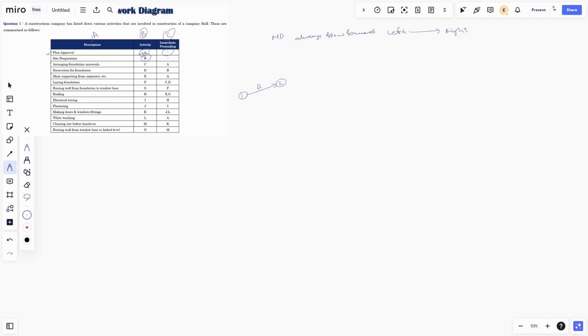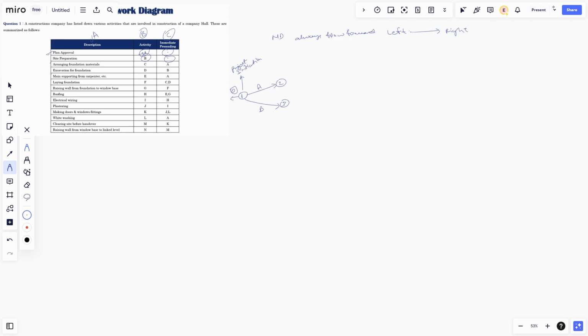Now the second is also independent and doesn't have any predecessor. We will mark it as an open task like this, because anything to the left as of now will be 0. So here is the project initiation, and these are the two initial tasks.